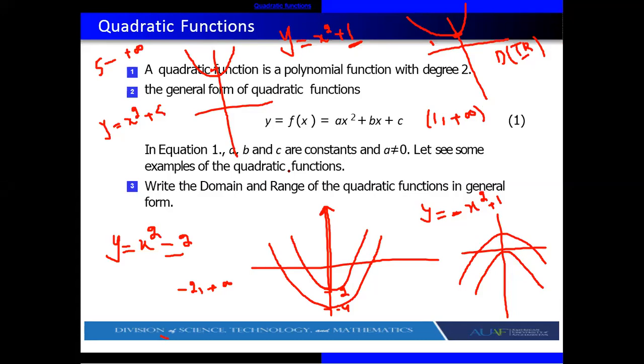One is factorization, second one is completing square, third one is quadratic formula. But you cannot solve all question with factorization. Same, you cannot solve all question with completing square, but you can solve any question with quadratic formula. So better to use quadratic formula directly if you want to solve a question.